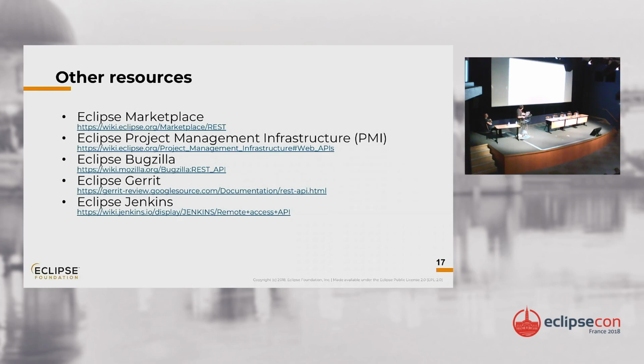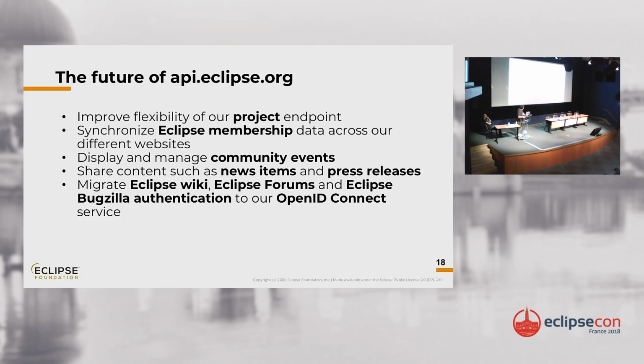But there's a way to get information about all of our Eclipse projects. We reuse the Eclipse Bugzilla REST API since it's available, and we actually use it also. Same with Jenkins. So we do have links on my documentation page, so feel free to take a look at that. But those APIs are available to you as well.